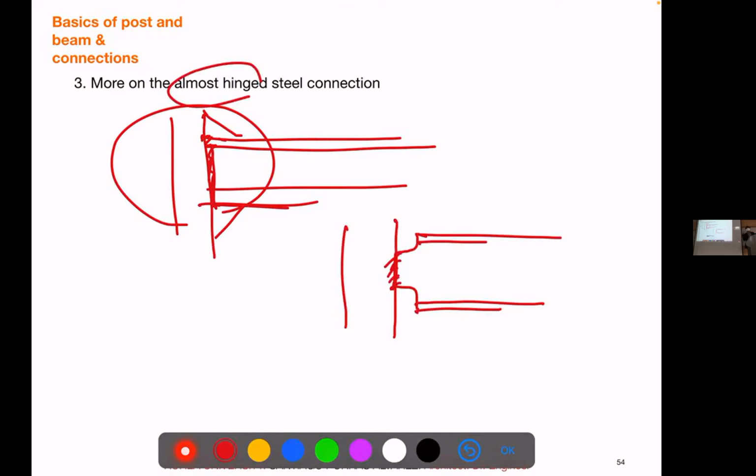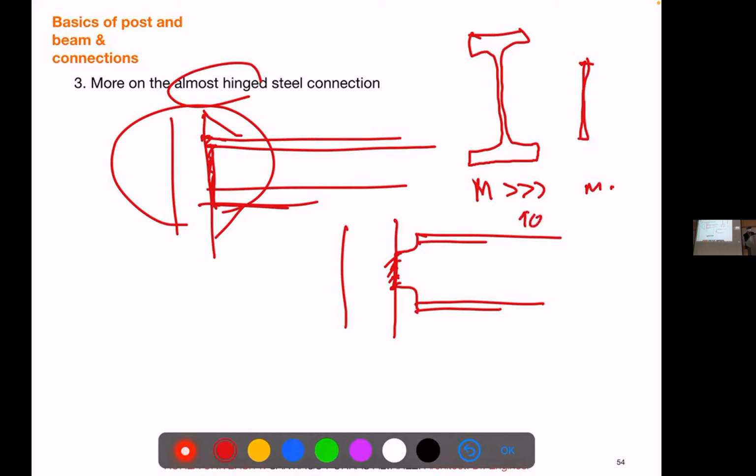Why? Well, it's really not a hinge. But if you see the section of the I-beam, and you see the section only of the web, this can support a much, much bigger moment than that other one. Maybe 10 times or probably 20 times more than only the core. So in this case of the beam, the full moment will be like this, right?